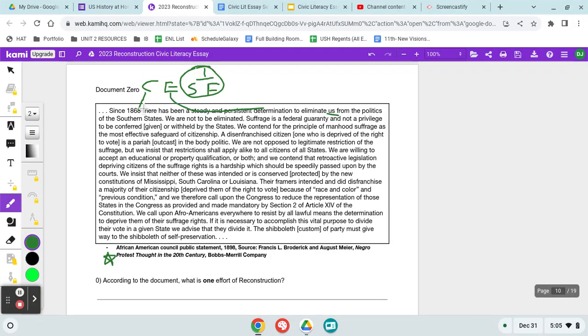On the other hand, if I was writing a paragraph about the circumstances of Reconstruction, I would possibly use this for the circumstance paragraph instead. So one thing you're going to really see is that you could use any of these documents for circumstances, or for efforts, or for different people's efforts, or as an example of impact, of success and failure.